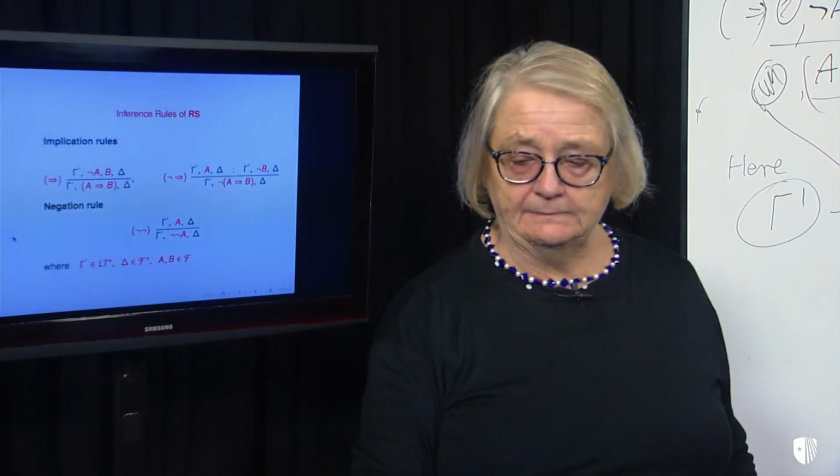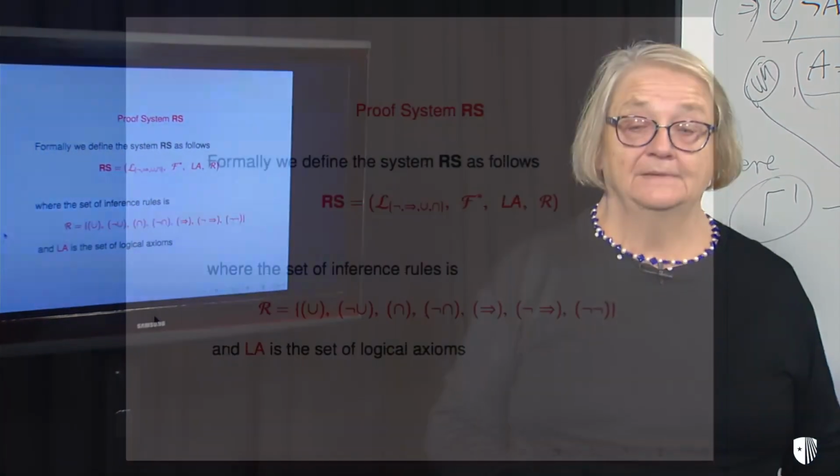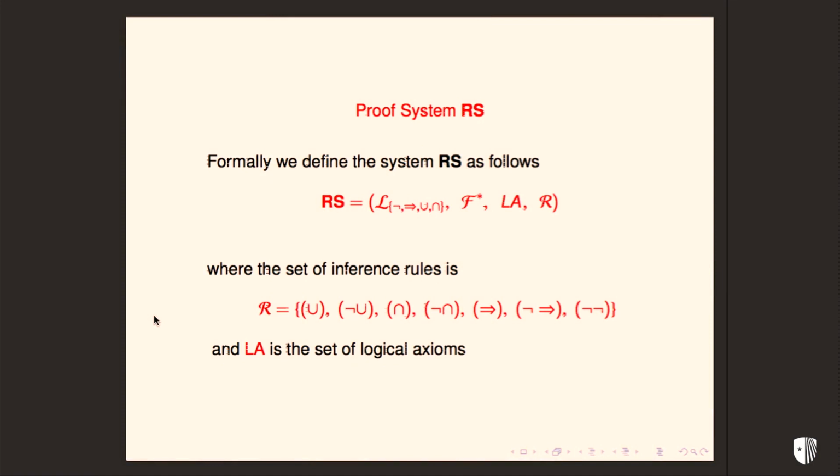So here's our system, defined. You have a language, expressions are finite sequences of formulas, the logical axiom we already defined, a sequence of literals which contains a variable and its negation, and you have seven rules of inference.